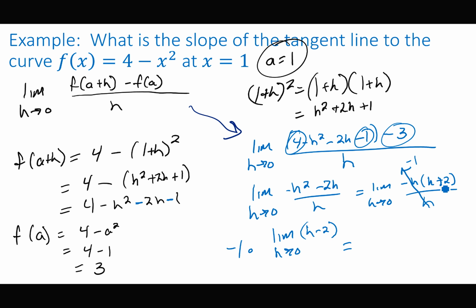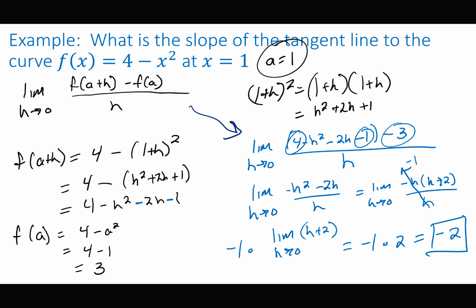Oh, that is plus. Falling off my game a little bit here. So then I'm going to have negative 1. If I put in 0, I have a positive 2. So negative 1 times 2 is going to end up being negative 2.